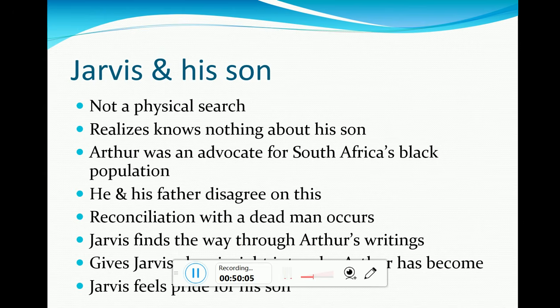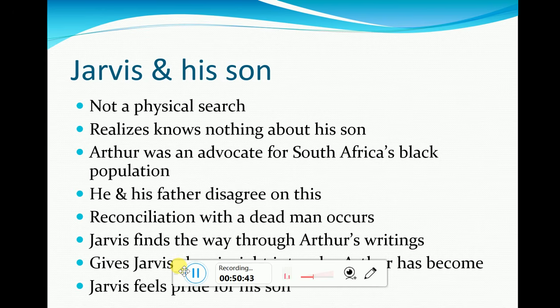Then Jarvis and his son, it is not a physical search but an emotional one, because upon reading the manuscript, and also during the funeral of Arthur Jarvis, that's where we get to see black and white being mixed in one church together, which was due to the work and deeds of Arthur Jarvis. Because of that, he's going to realize that he did not know his own son, and Arthur was an advocate for South Africa's black population. He and his father disagreed a lot on the subject of blacks and whites, as well as on the subject of apartheid and inequalities.